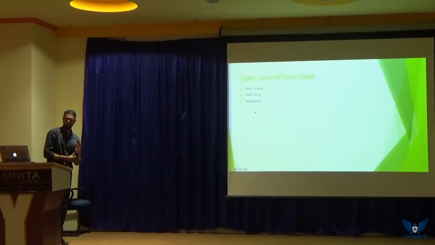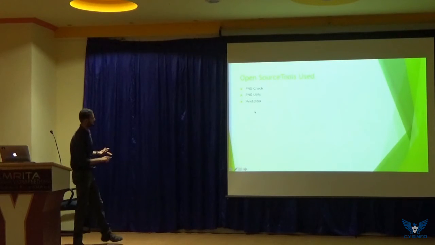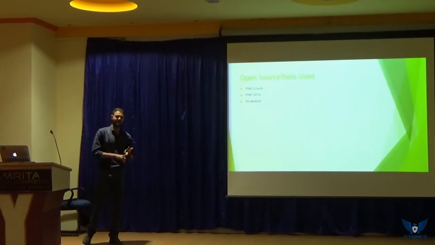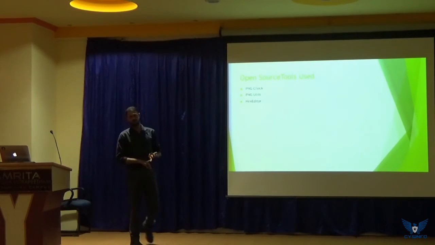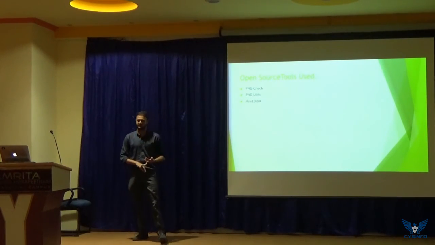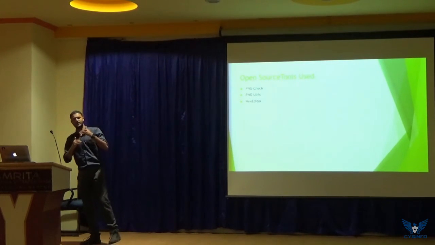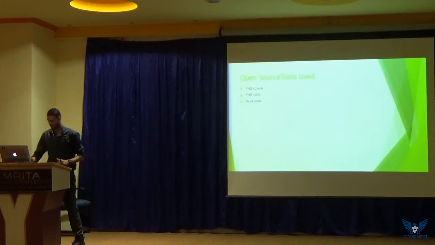The open source tools I used were pngcheck, PNG utils, and mostly a hex editor. A hex editor is the base for forensics. If you want to do any digital forensics, you should not be a pro, but you should have a basic understanding of a hex editor.